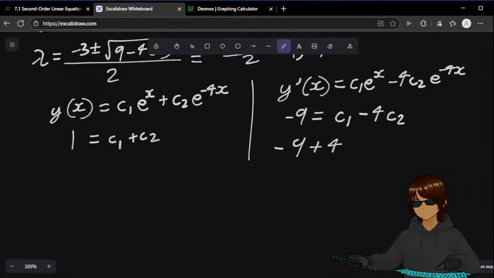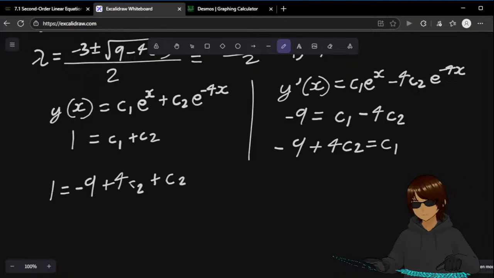Plus 4 c2 is equal to c1. So going back here, plus c2, we bring 9 to the other side. 5 c2, so c2 is 2.